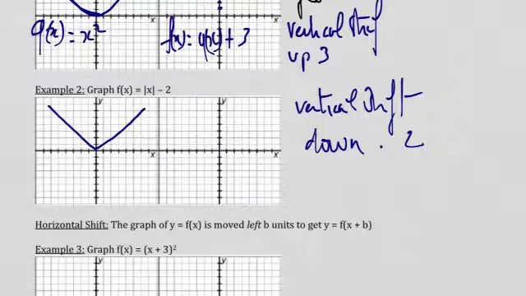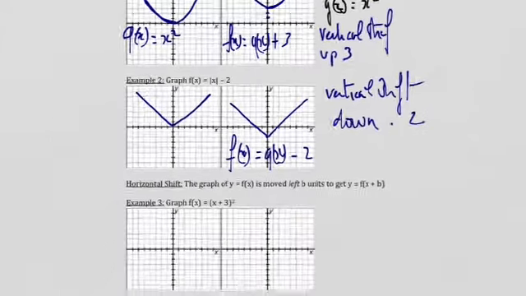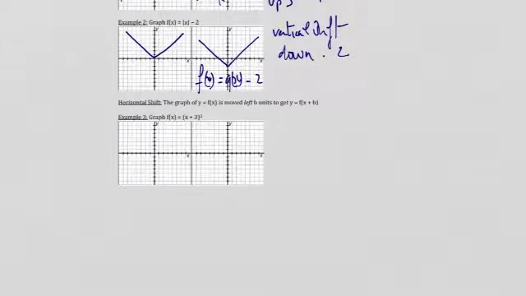So 1, 2 is right here, and I'm going to have right there f of x equal g of x minus 2. I'll let you do the horizontal shift by yourself, and you will tell me if you have any problem. I'll let you look at the book, and let's move on to page 3.